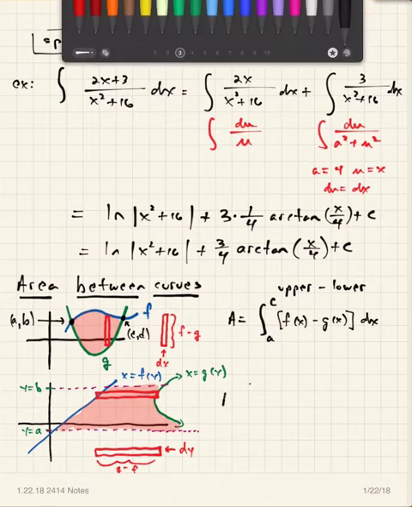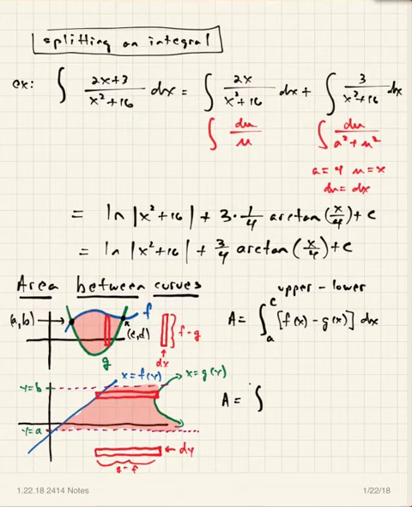So the area for this region would be the integral from y equals a to y equals b, so the limits of integration are now y values, of g of y minus f of y dy, the right curve minus the left curve.